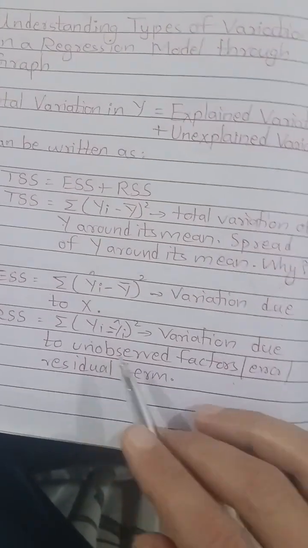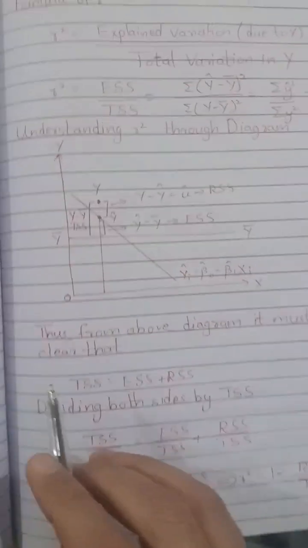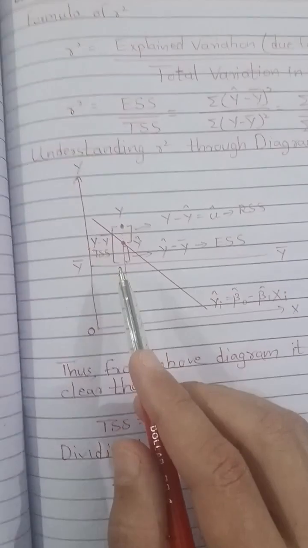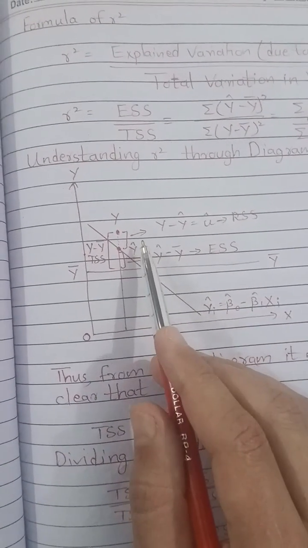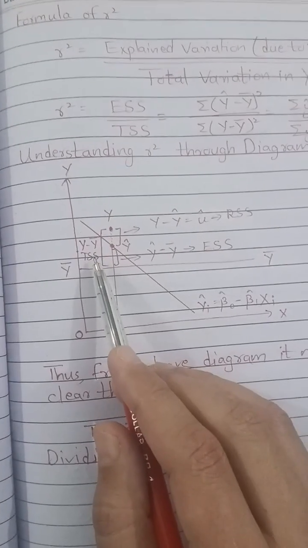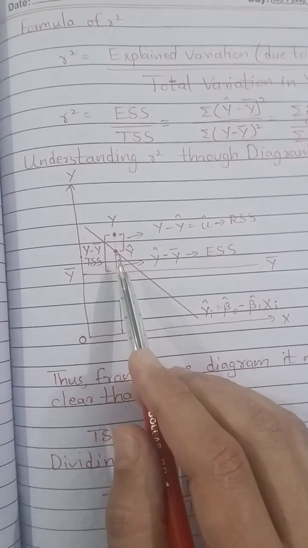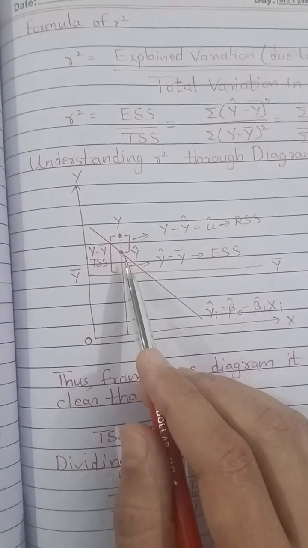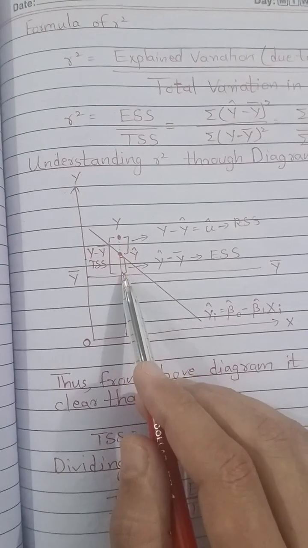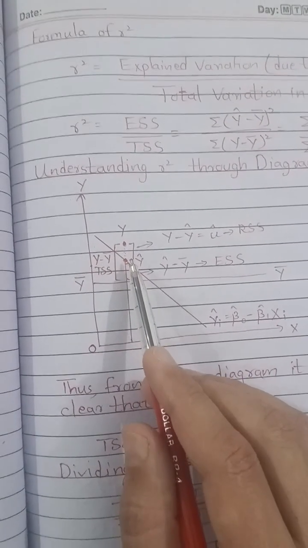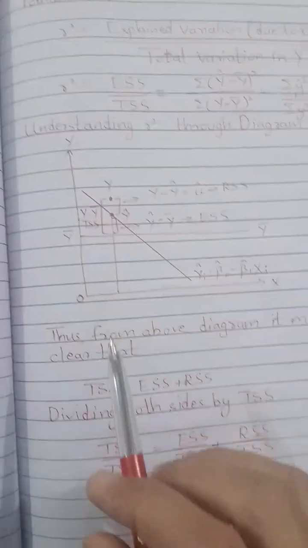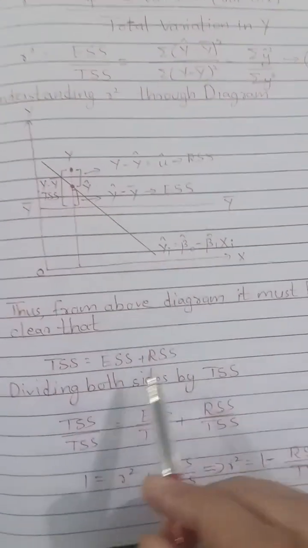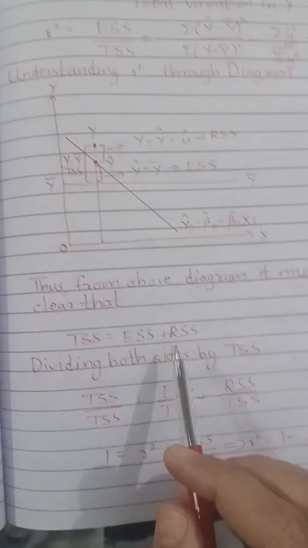This variation is due to our unobserved factors. So if we add the explained sum of square and residual sum of square, we will get the total sum of square. So total variation is equal to explained variation, that is y hat minus y bar, and unexplained variation, that is y minus y hat. So TSS is equal to ESS plus RSS.